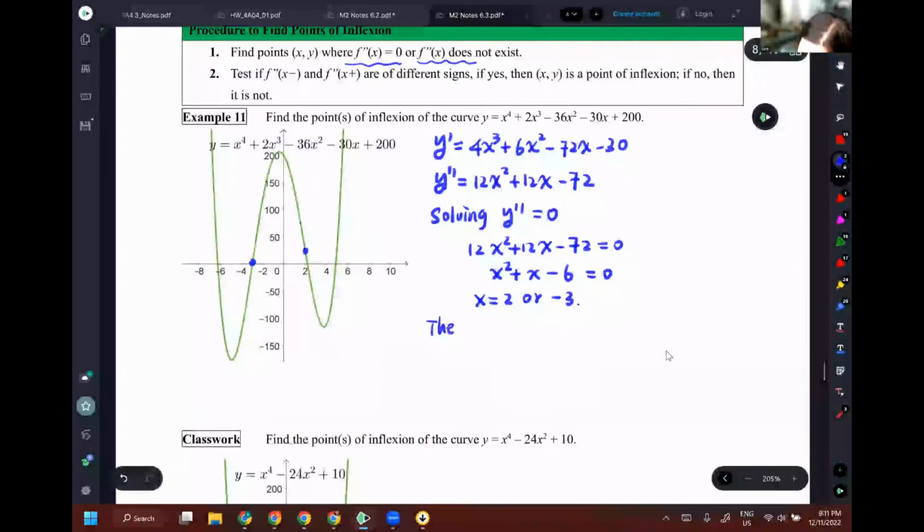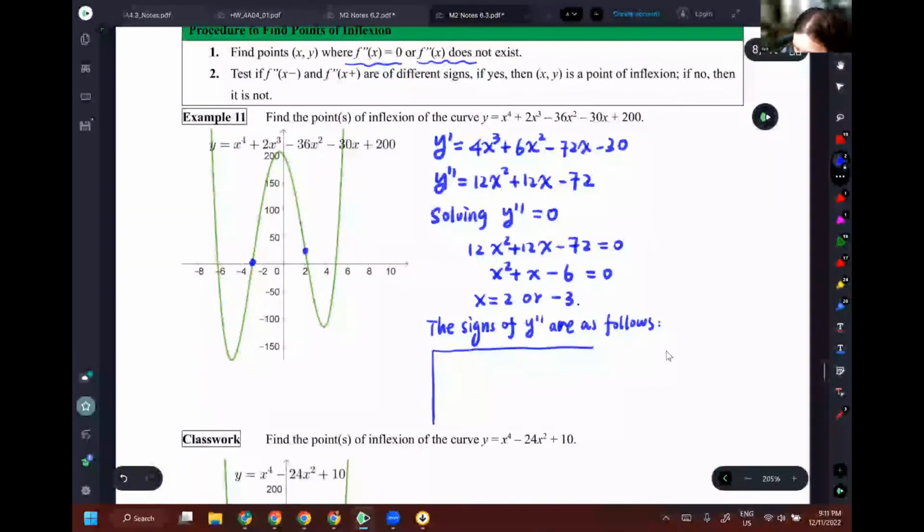The signs of y prime prime are as follows. The first is x smaller than negative 3. x equal to negative 3.